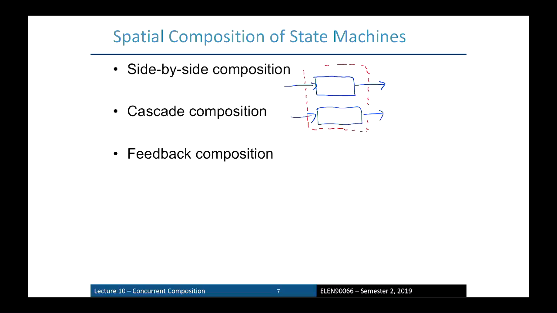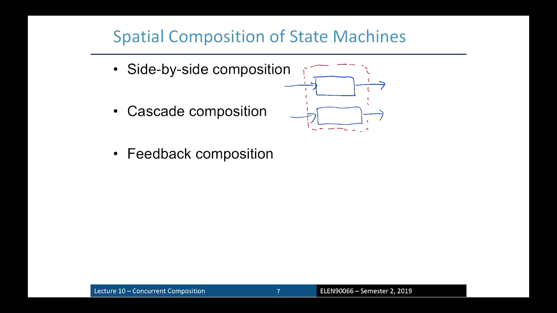So this, in red here, is a new state machine. It's a composition of those 2 state machines. It's like putting a boundary around it and saying, these are probably subsystems of a system. The inputs and outputs are not necessarily connected, but we're going to consider it as an overall system. Okay, drawing a box around it. That's side-by-side composition.